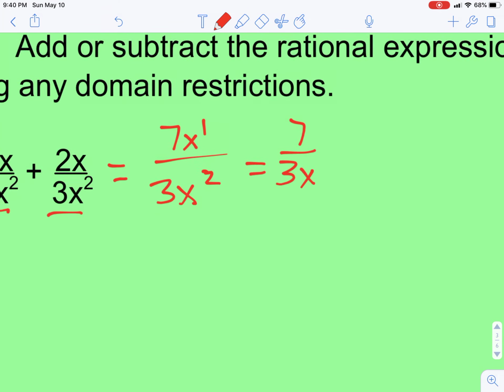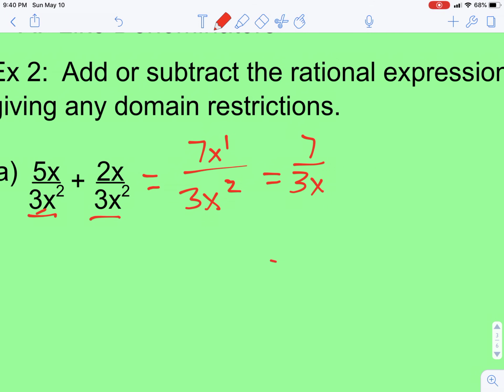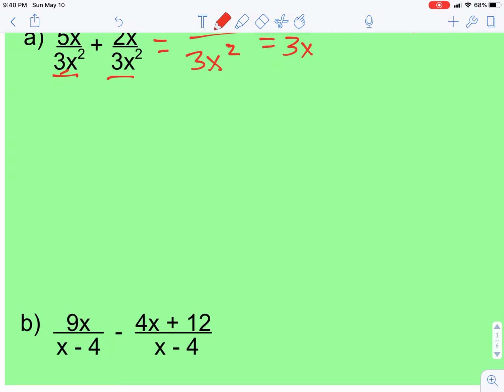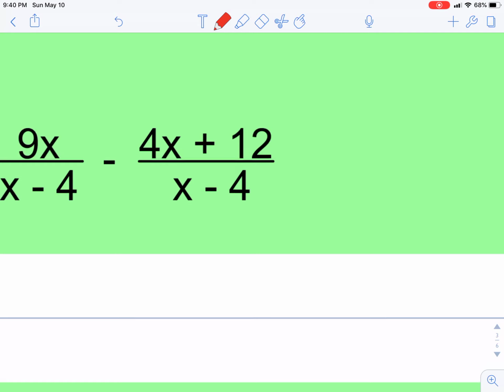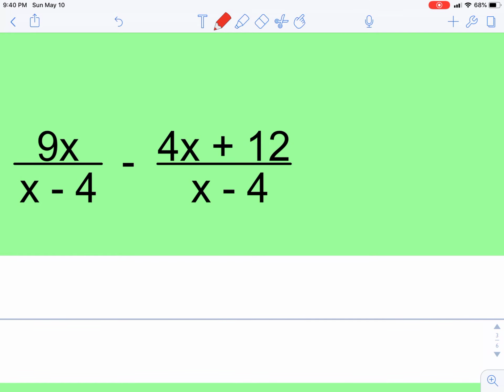Domain restrictions, right? What can't the bottom number be again? All right, so when we're talking about those domain restrictions, x can't be equal to 0, because if that was 0, we would be dividing by 0. That's not good, okay? Same thing here. We're going to subtract now, so we're going to change it to adding and then distribute the negative.